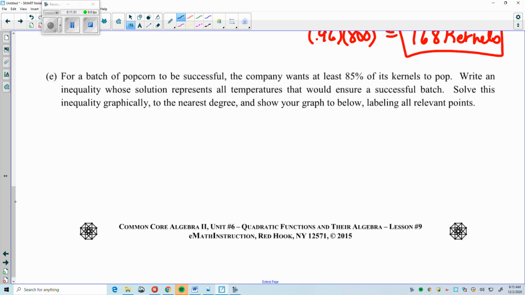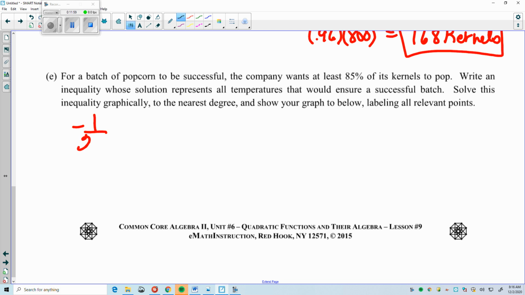And lastly here, for a batch of popcorn to be successful, the company wants at least 85% of its kernels to pop. So we have to write an inequality whose solution would represent all of the temperatures that would ensure a successful batch. And then we're going to solve the inequality graphically to the nearest degree. And we're going to show our graph labeling all of our relevant points. So if we're thinking about what that just said, we have the formula up above.